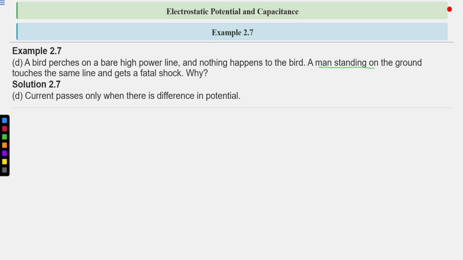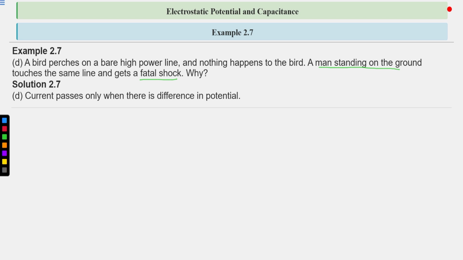A man standing on the ground. So the potential of the ground is considered to be 0. So there is a potential difference between your hand and feet. If there is a potential difference, current starts to flow through your body. High current starts to flow through your body. This will result in a fatal shock.